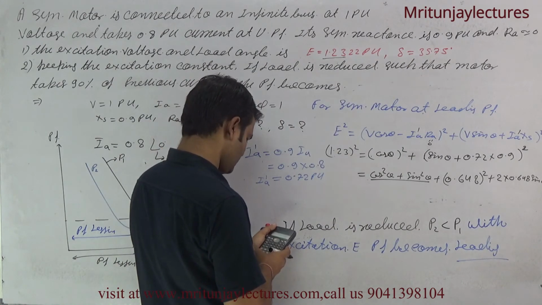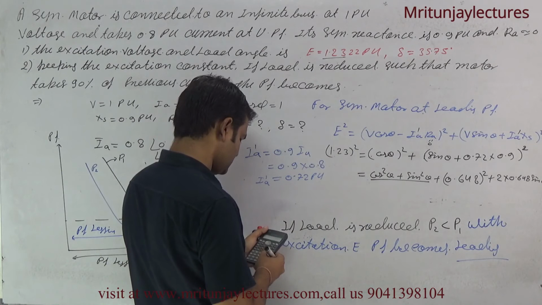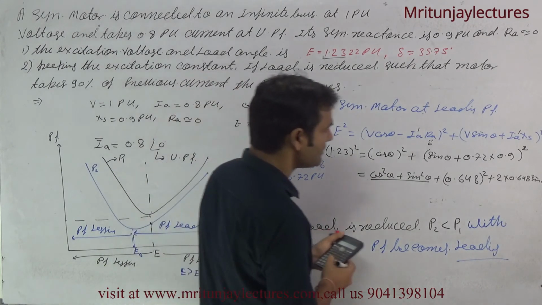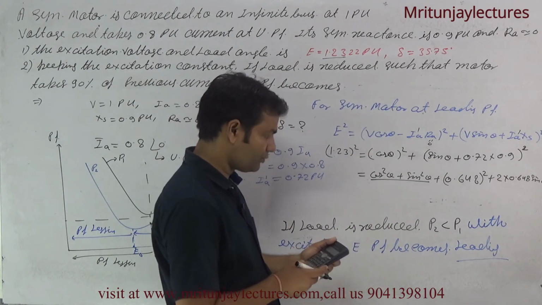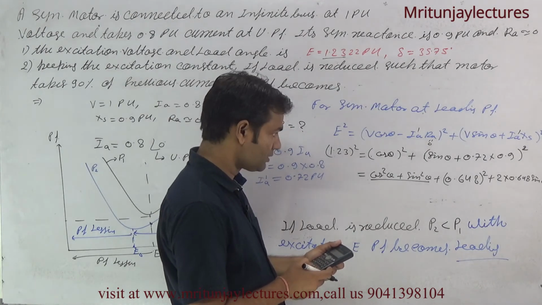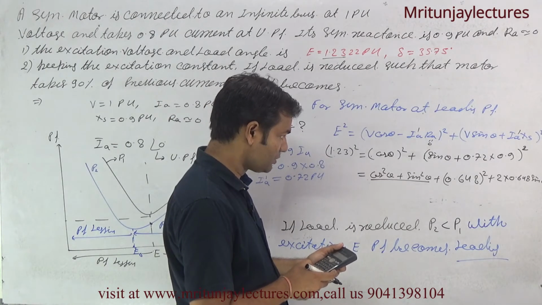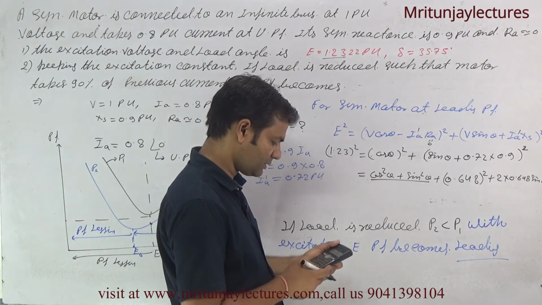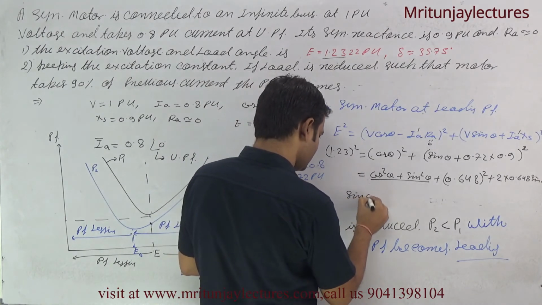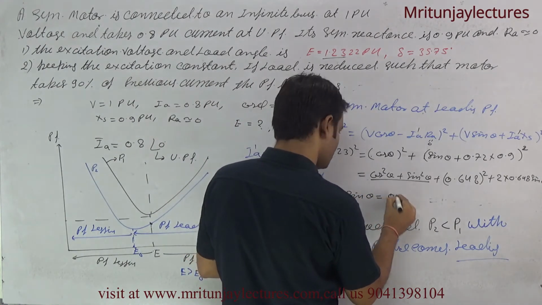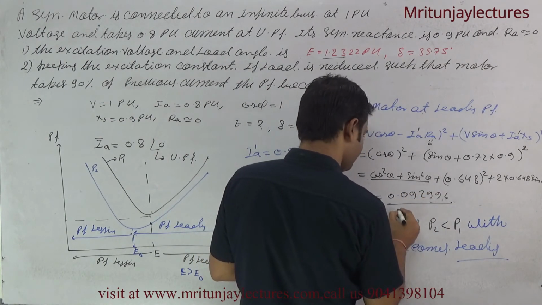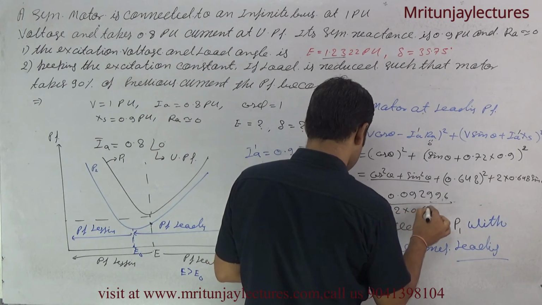So 1.23 to the whole square minus 1, minus 2 into 0.648 to the whole square, like this one. So sine theta, this is equal to, we got 0.092996 divided by 2 into 0.648.